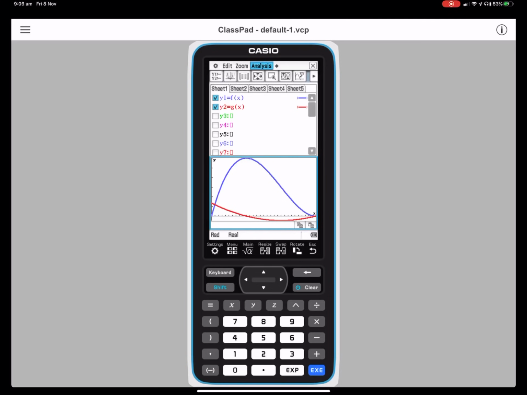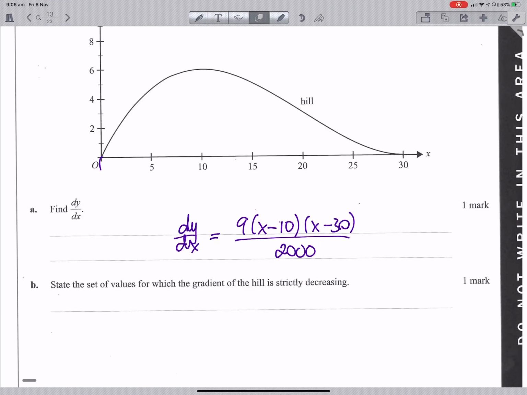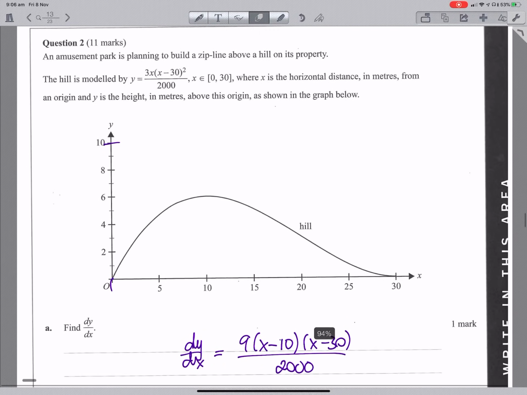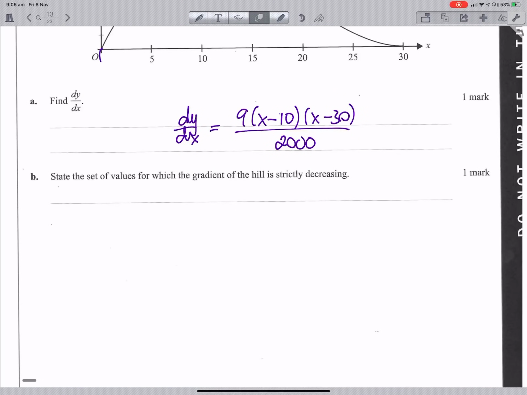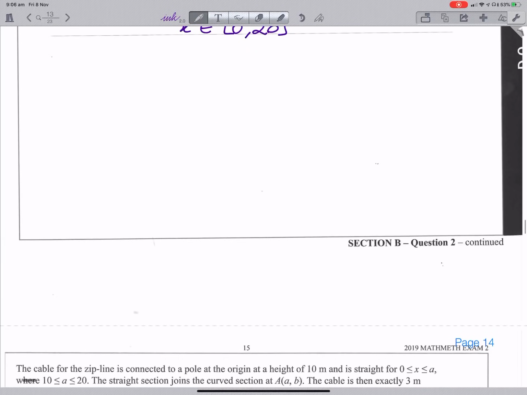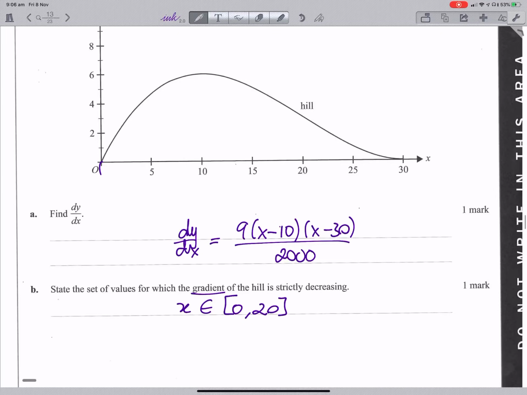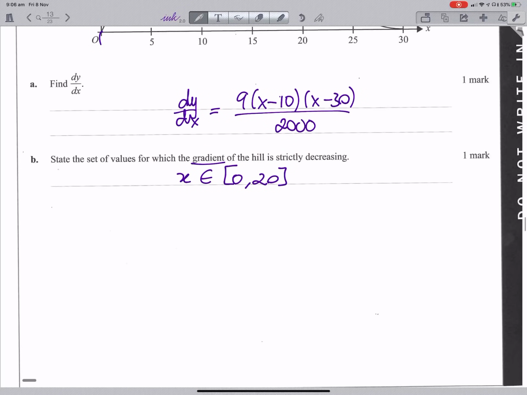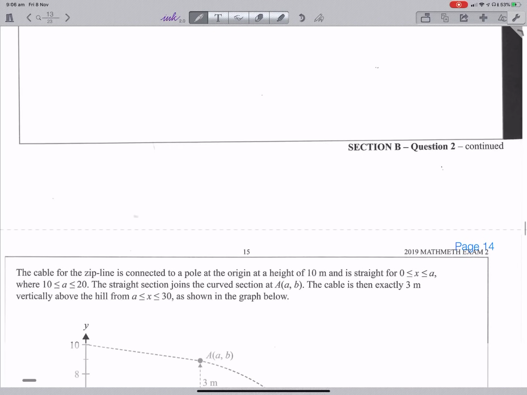Well, it starts at 0, min of this graph, 0 to 20. So is it x an element of 0 to 20, because we include it? It's saying the gradient of the hill is strictly decreasing, so I've got to look at the gradient of the hill and see when that function is strictly decreasing.